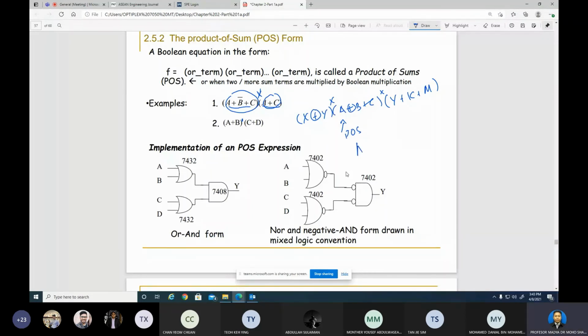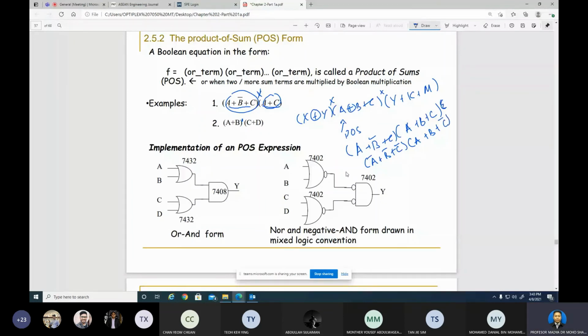For the standard POS, for example, we have this one: A plus B bar plus C, multiplied by A plus B plus C, multiplied by A bar plus B bar plus C bar, multiplied by A plus B plus C bar.